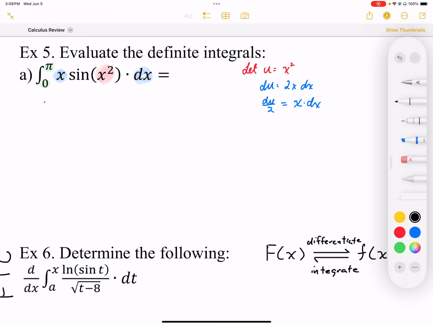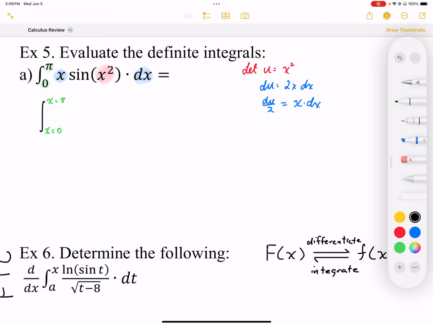So writing my integral then, because my endpoints are in terms of x, but now I have an integral with u, I should make sure that I change my bounds of integration.